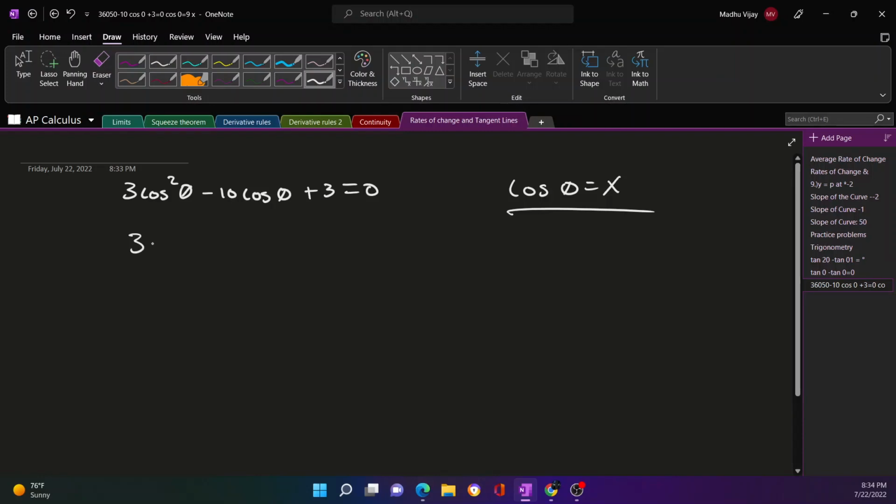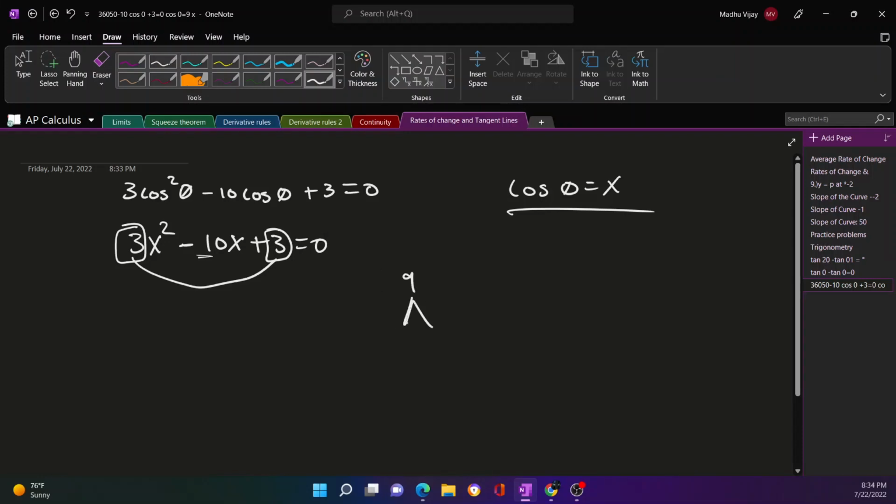So that would just mean that this is 3x squared minus 10x plus 3, which is 0. Now you can just factor this like you would with any other quadratic. I can't take out a GCF and there's no two numbers that multiply to 3 but add to this, so I just multiply the leading term and the end term.